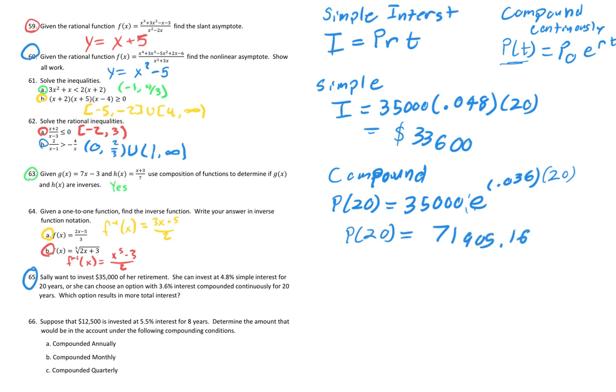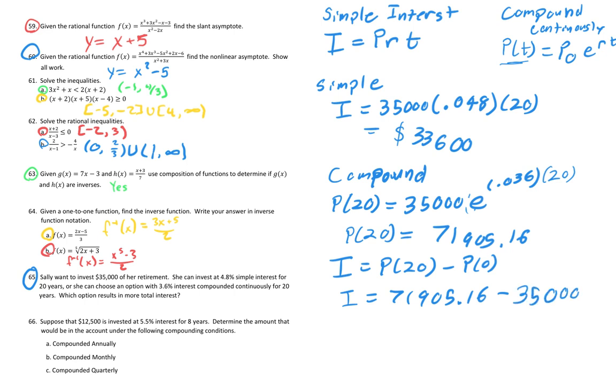It's going to leave us with 71,905.16. But to know our interest, we'll have to take our interest is going to be equal to P of 20 minus our P at 0. In this case, our P of 20 is that 71,905.16 minus our P at 0, which is our initial, 35,000.